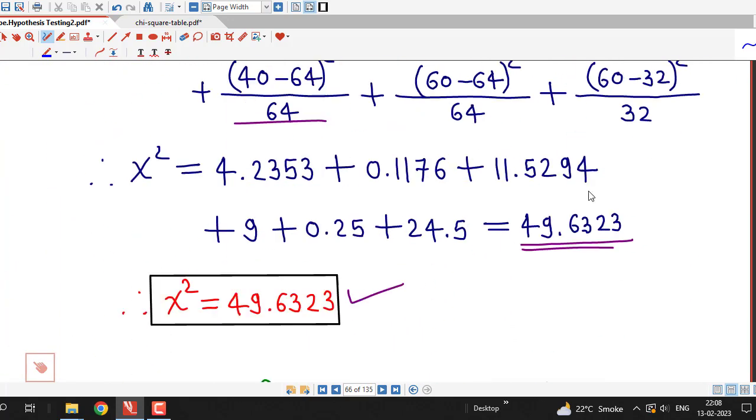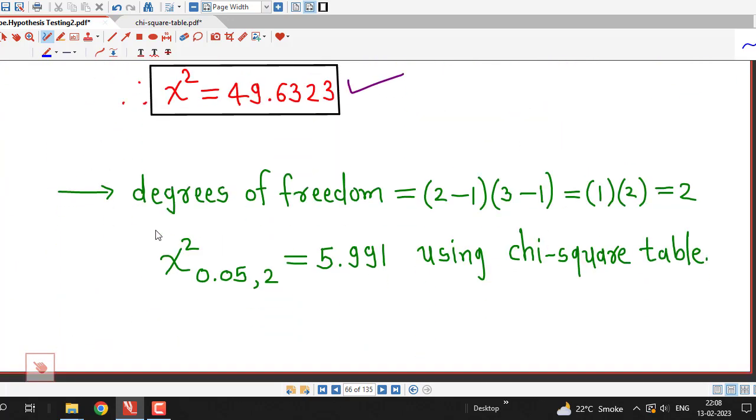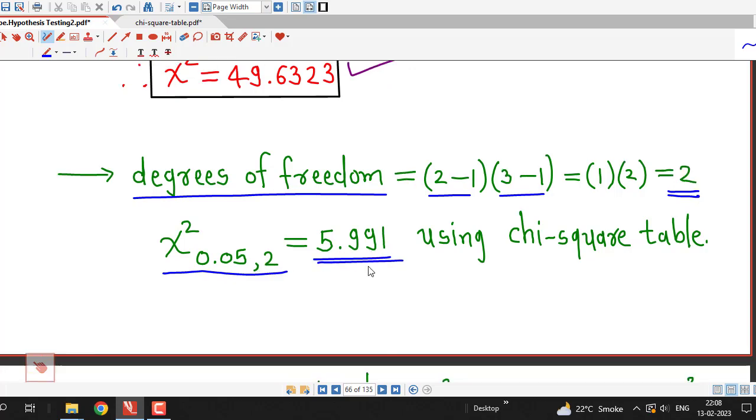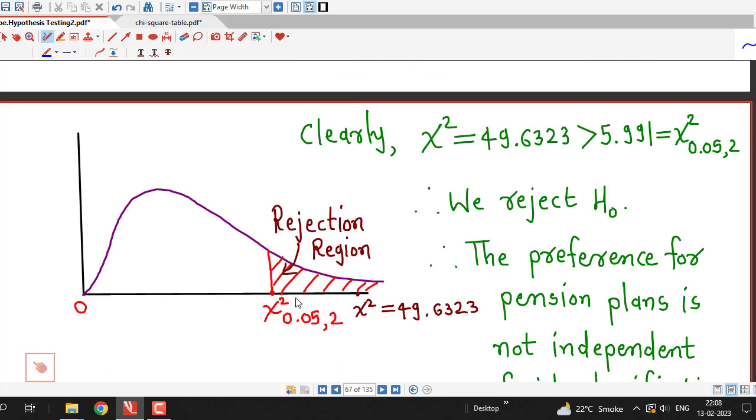So that I have also written systematically. We have to mention degrees of freedom equal to number of rows minus 1 times number of columns minus 1, and it turns out to be 2. And using the chi-square table, we find this critical value for alpha equal to 0.05 and 2 degrees of freedom, and it is 5.991. So I have sketched this rough sketch of the chi-square density curve.